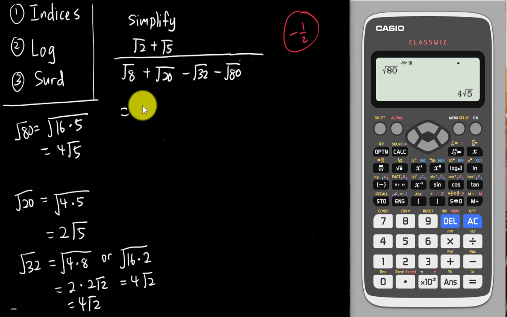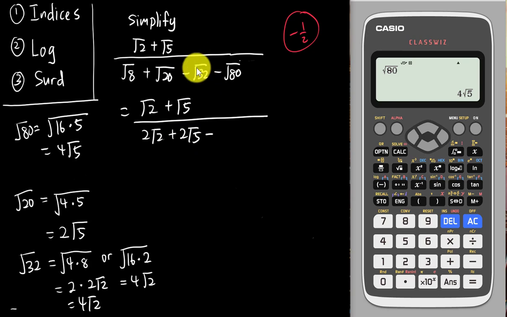Alright, let's finish this question. Therefore, the top I will just copy. I will not do anything. So this is square root 2 or surd 2 plus surd 5 over, this one I got just now, 2 surd 2, and this one will be plus 2 surd 5. And surd 32 will be 4 surd 2, and surd 80 will be 4 surd 5.